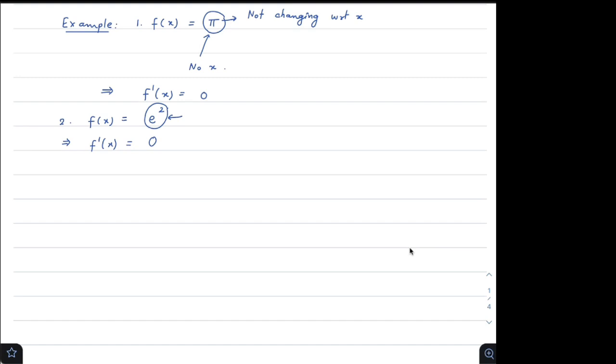Okay, the next rule that we talk about is the power rule. Power rule says that if your function is defined as x to the power n, where this n is fixed, then its derivative is given as n times x to the power n minus 1.